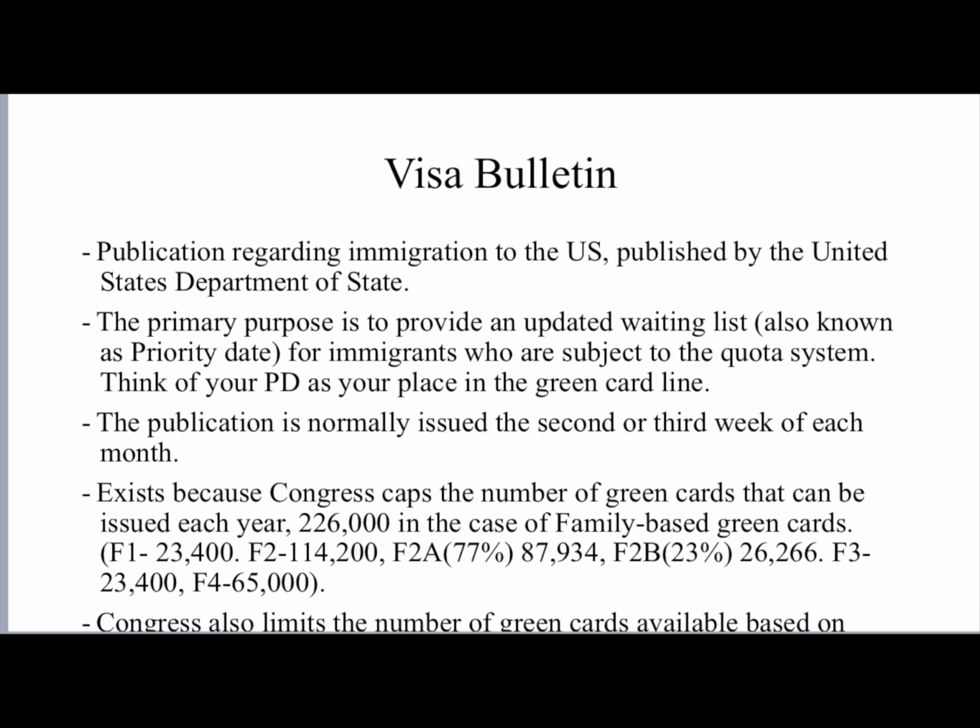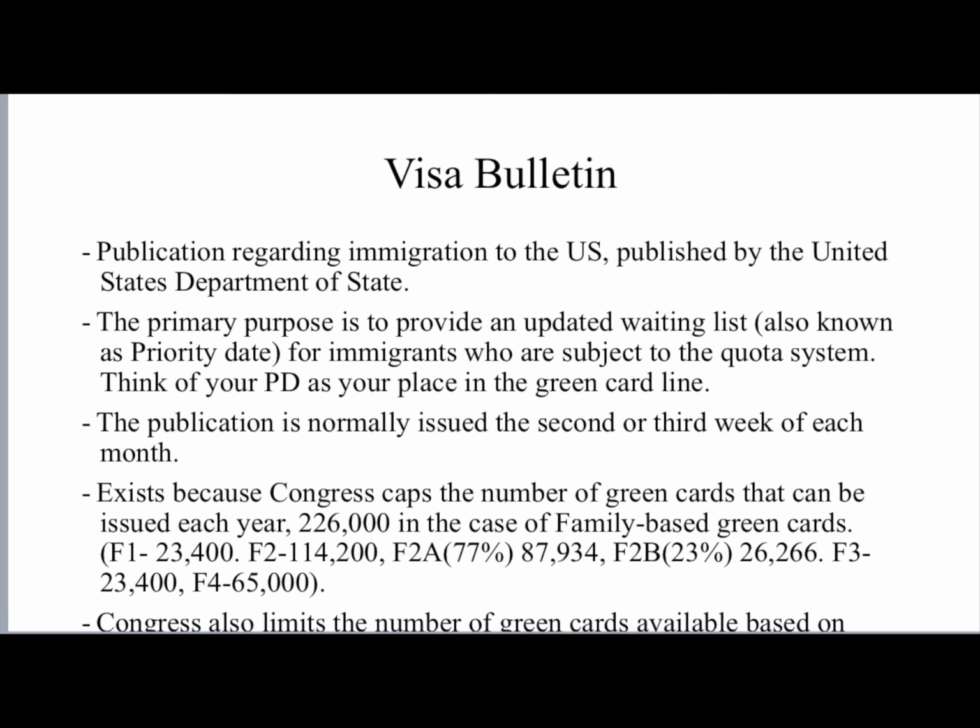So that's where the priority date comes in. A person with an earlier priority date will be further up in the line than a person who just filed last year or a few months ago. Yeah, they must go join the line.